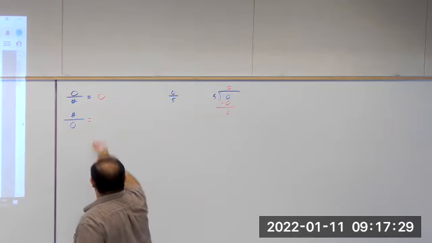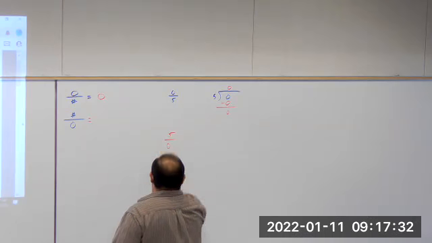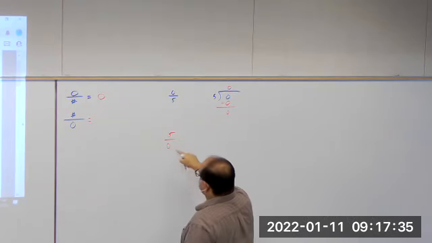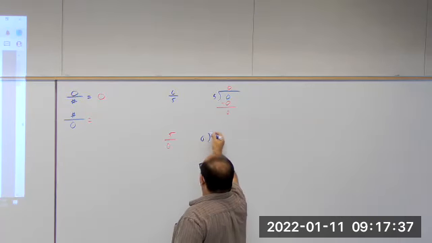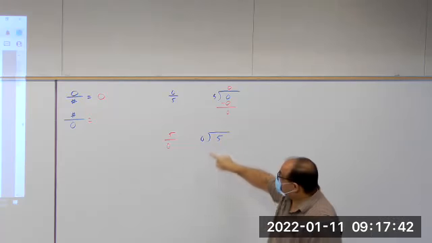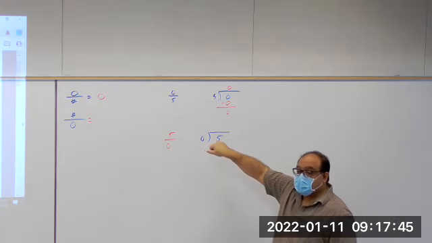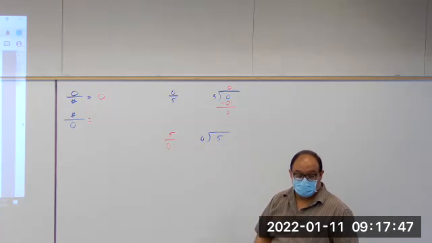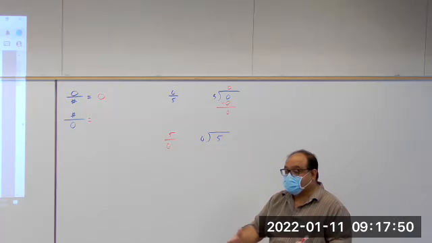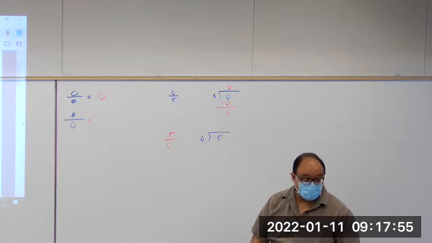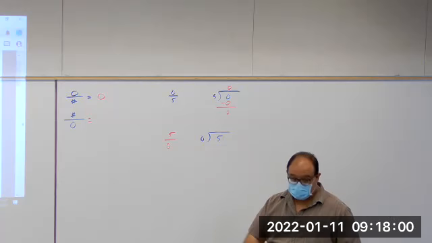Number over 0. So if I switch that, 5 over 0. How many times can 0 go into 5? So what times 0 makes 5? What happens if you multiply by 0? What do you get? Always get 0. 8 times 0, 0. 27 times 0, 5 times 0, 0. -38 times 0, 0.